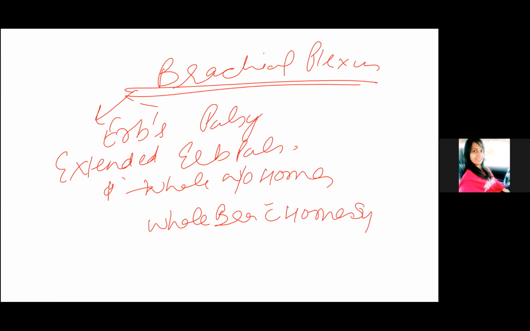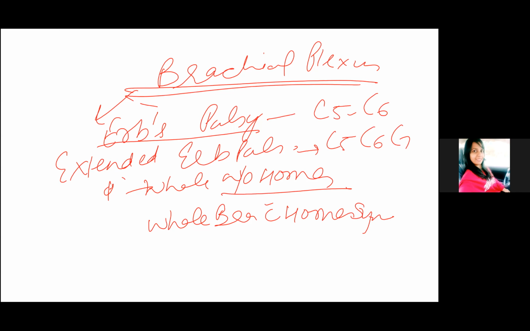Okay, so this is Erb's palsy. In Erb's palsy, C5, C6 is involved. In the extended, C5, C6, C7 is involved. Third is without Horner syndrome. Fourth is with Horner syndrome. This classification is also called Narakas classification.